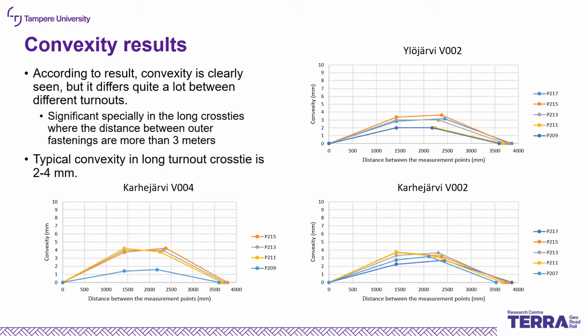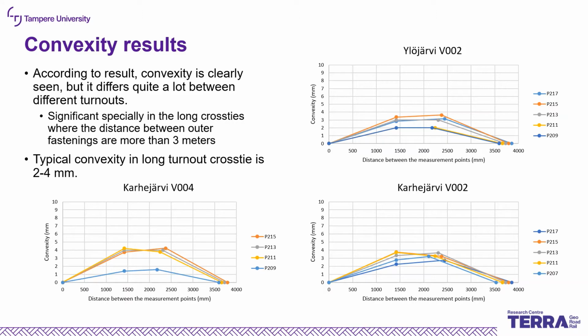And then the different colors show the number of the sleepers or crossties. As you can see, they are all approximately 3.5 to 4 meters in length in those pictures. And in Finland, that kind of crosstie is underneath the crossing nose.